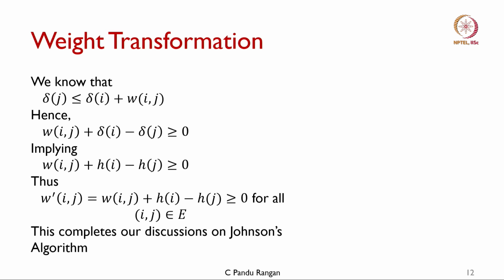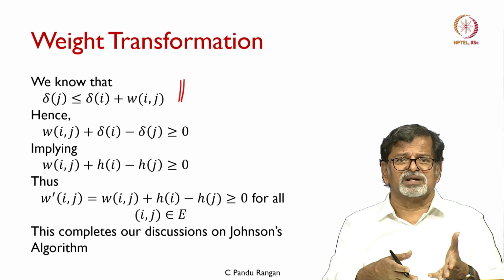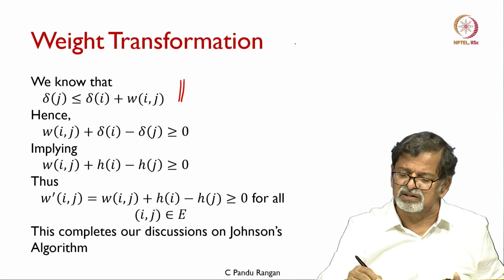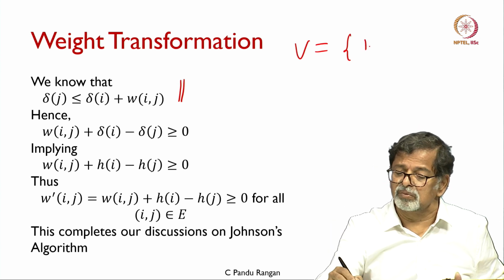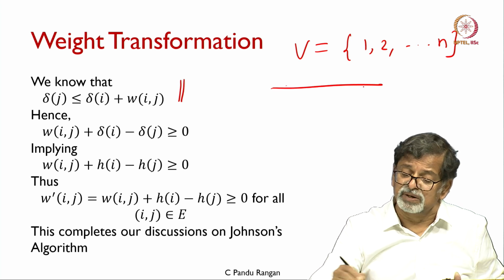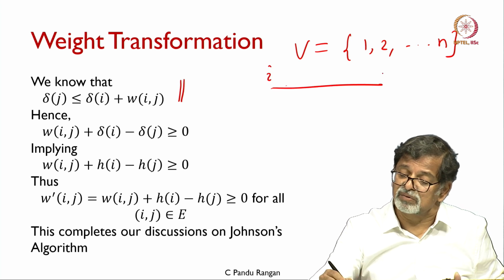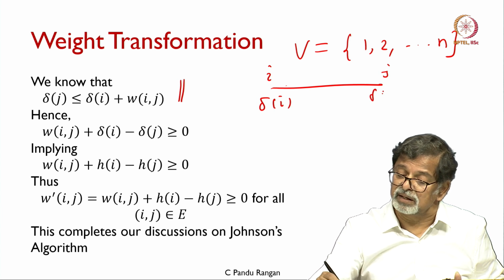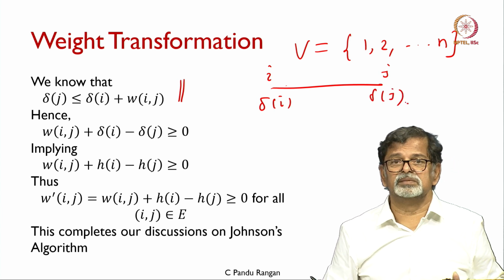If you take any edge, we are considering the graph in which the vertex set V is 1 to n. So let me write vertex i, vertex j, delta i, delta j.